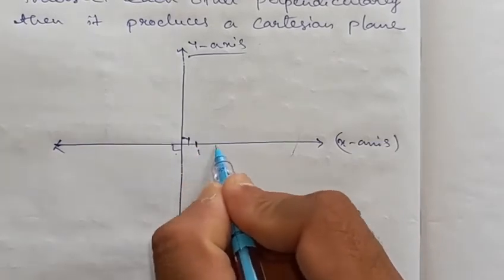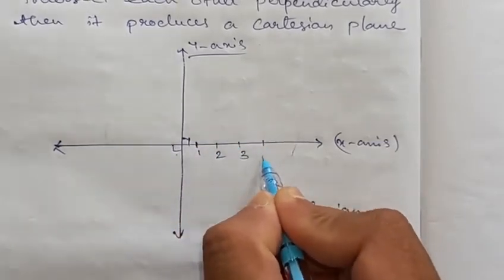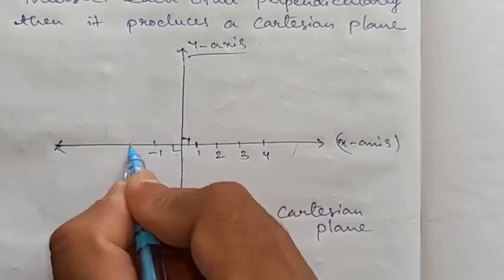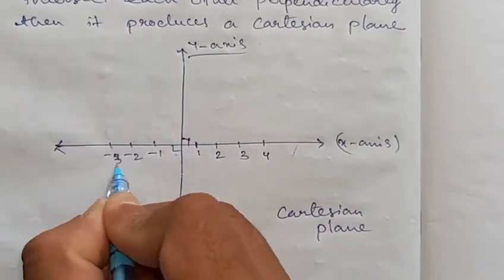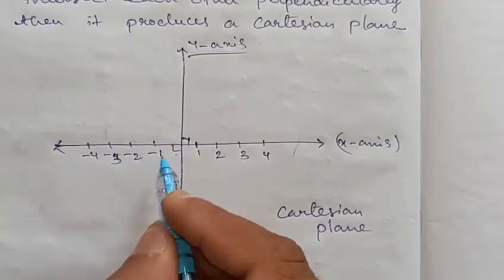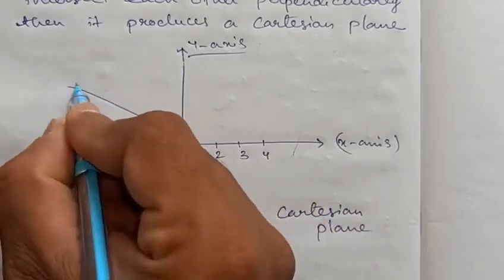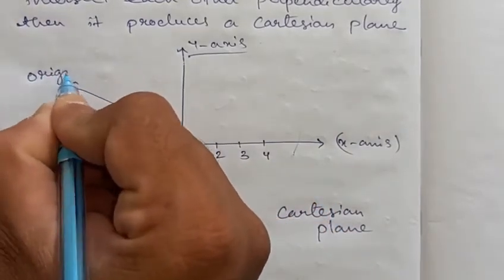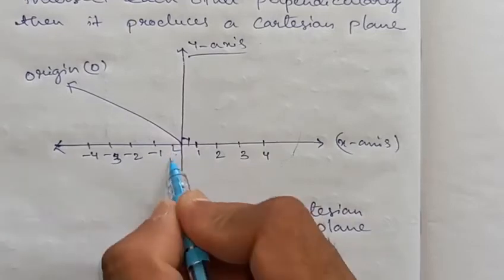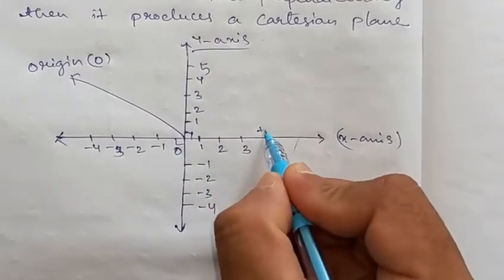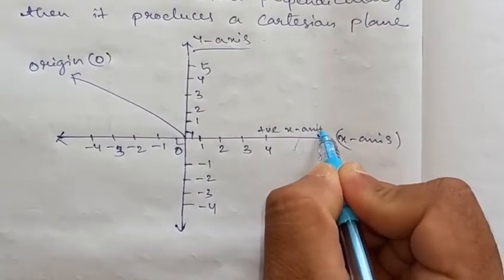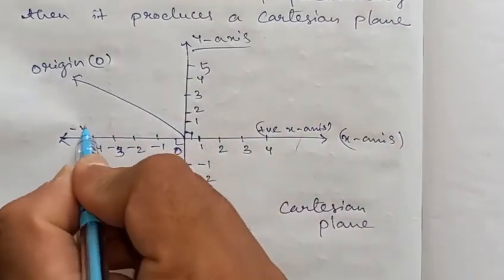On this side all the numbers are positive according to the number line, and on this side, the left side, all the numbers are negative. This is called the origin O. This side is called the positive x-axis. This is the negative x-axis.